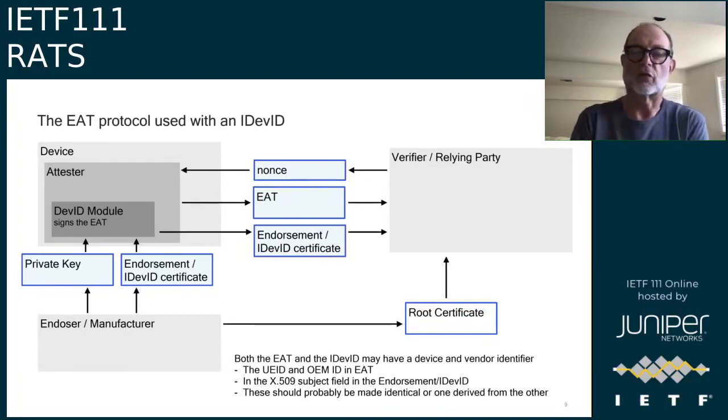I've been looking in a little more detail on that. A Dev ID serial number is a text string up to quite a large number of bytes, so you can base 64 a UEID and put it in there, or you could go the other way around and hash the serial number in the X509 subject field to turn it into a UEID. Next slide.